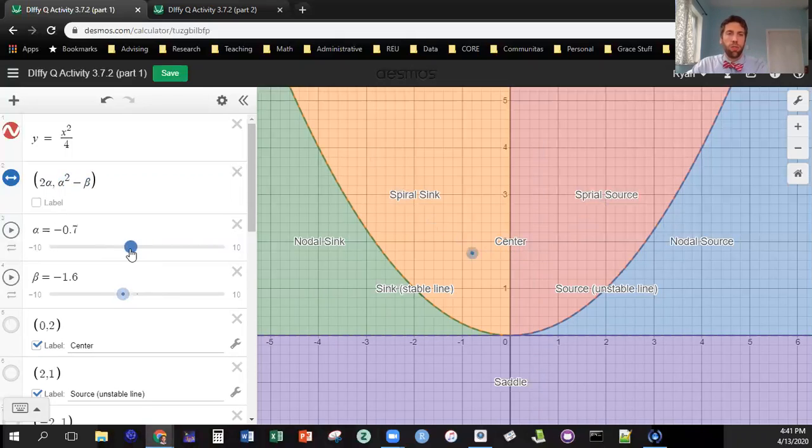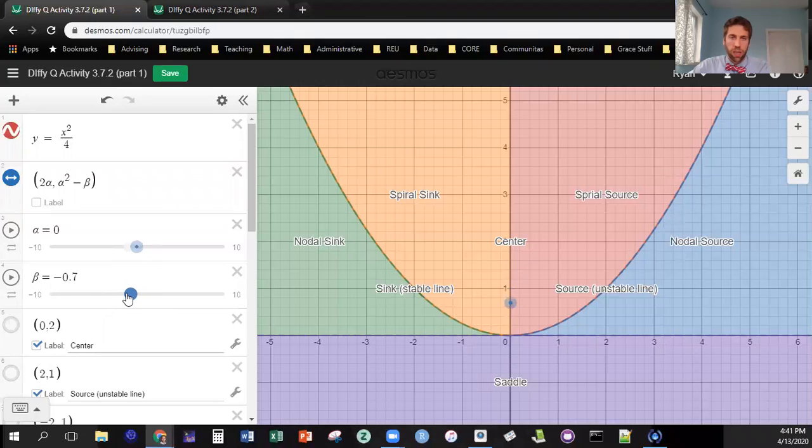So let's start off at 0, 0. That's a boring one, so it doesn't even have a name, because the determinant's always 0, nothing moves. Okay, so if beta is negative and alpha is 0, we have a center.